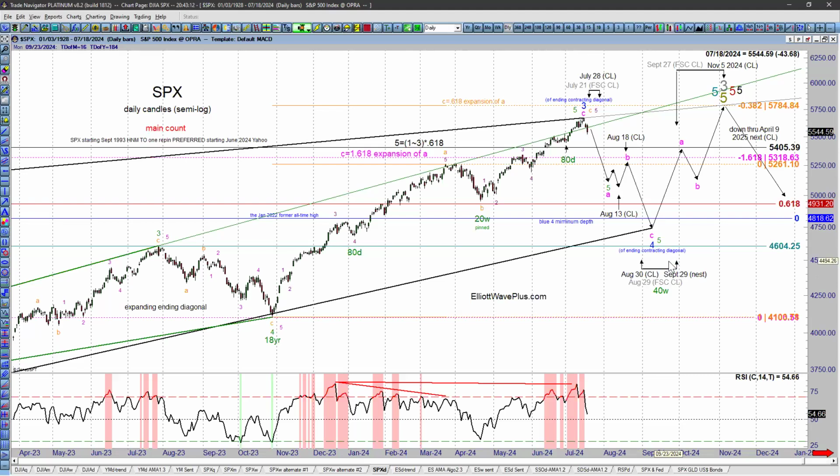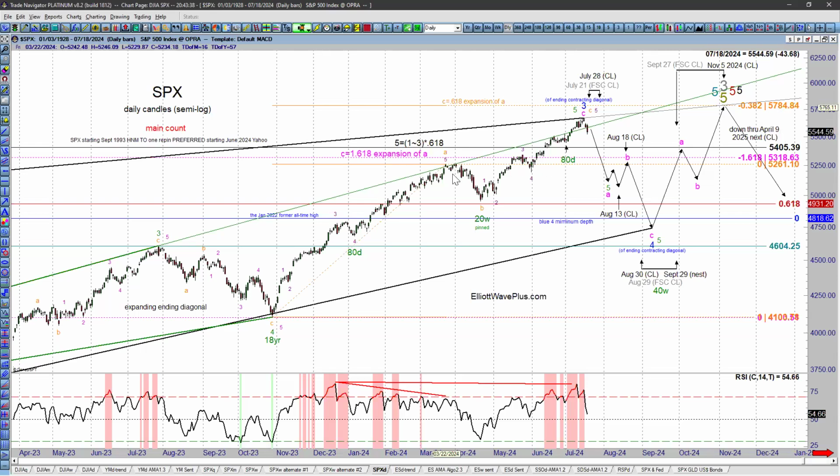In fact, September is often the worst month of the year, stock market wise. Then the end-of-year seasonality kicks in, but according to a combination of Hurst and the FSC cycle tool, we would move down into September and then get that ABC to one last all-time high to the best target of 5784.